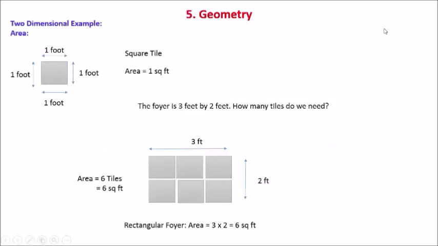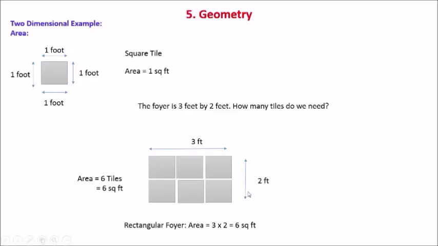So let's look at a 2-dimensional example or 2-dimensional problem. Here I've got a tile. This tile is a square tile, and every side is exactly 1 foot long. And the area of this tile is defined as exactly 1 square foot, okay? So now let's say that I have a foyer and it's a rectangle, 3 feet by 2 feet.